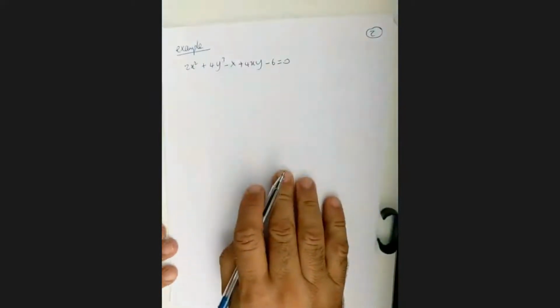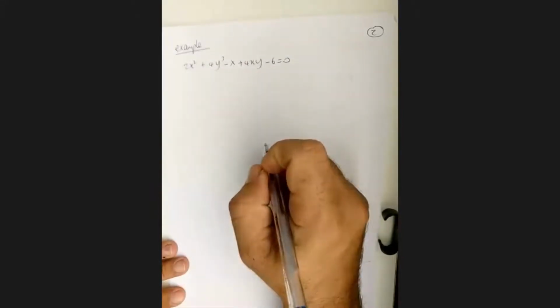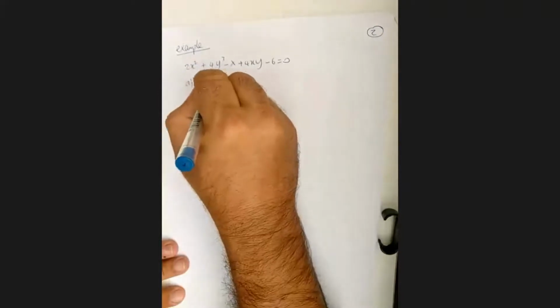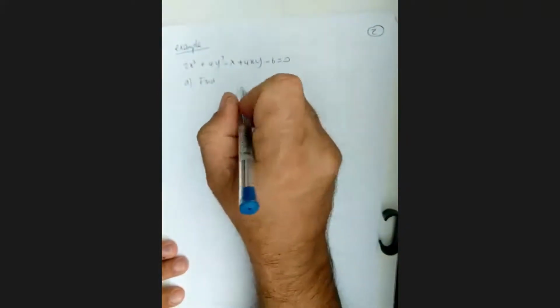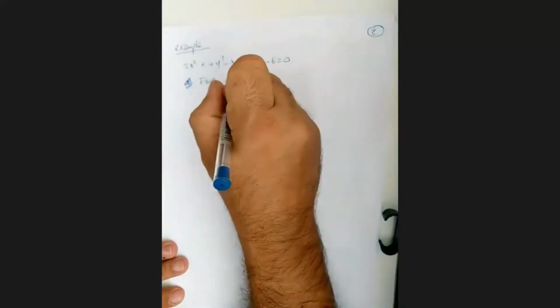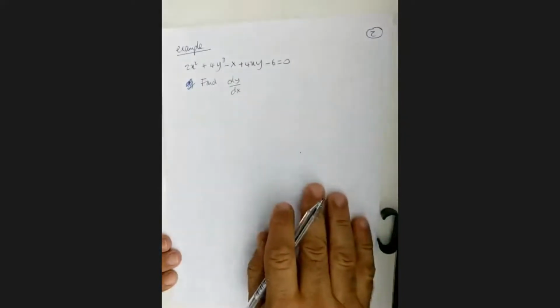If we have such an implicit expression, implicit means again x and y are side by side. The question is, for part A, find dy over dx. Let's find dy over dx.